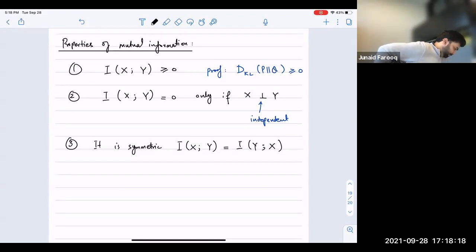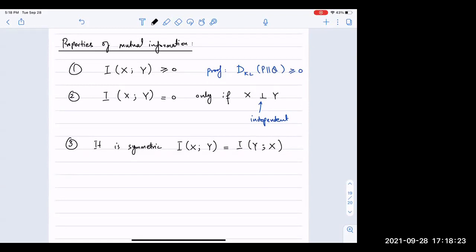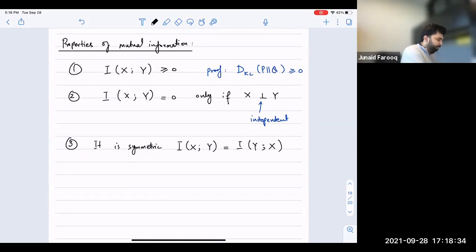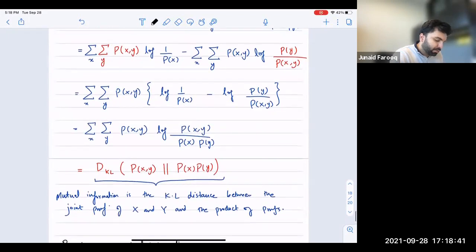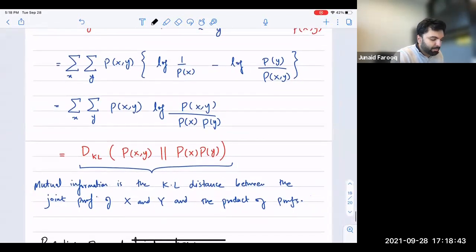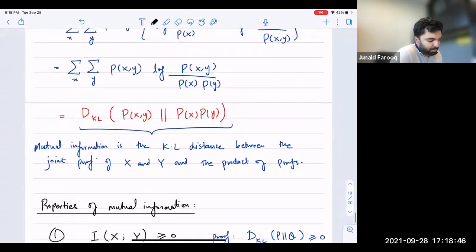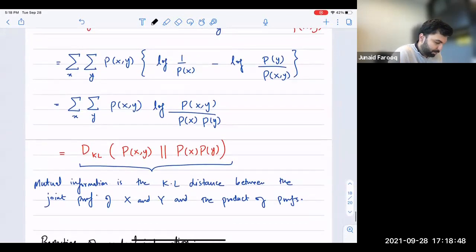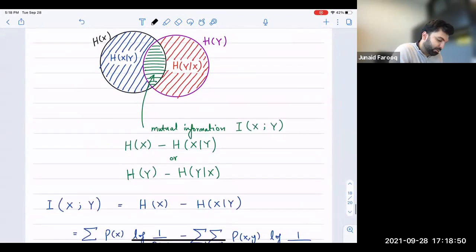Hello, sir. Yes, is there an example for this mutual information? Because when we derived it, what we did for the past 10 minutes was a proof, right? And the final expression is DKL of P of XY and P of X times P of Y. That's the final expression, right? Yeah, but the thing is, you don't have to take this route to find the mutual information. The mutual information formula is really this one.